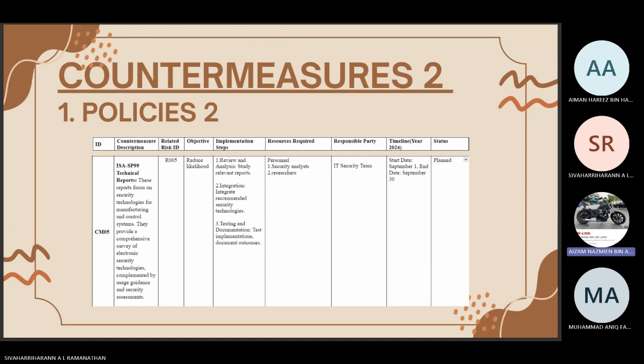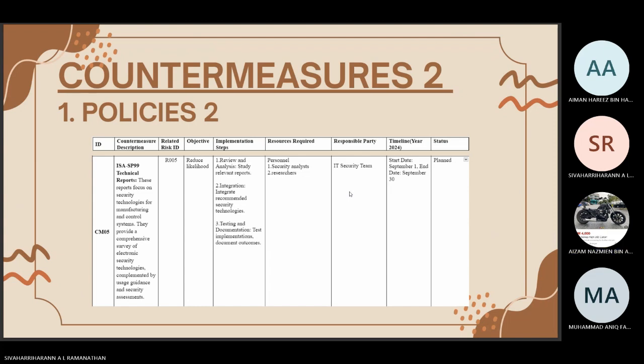Recommendations from the risk report will be integrated into existing systems, followed by rigorous testing to ensure proper implementation. Documentation of testing outcomes will also be conducted to track effectiveness and compliance. Implementation teams include security analysts, researchers, and the IT security teams. The planned timeline for this countermeasure is from September 1 to September 30, currently in the planning stage.